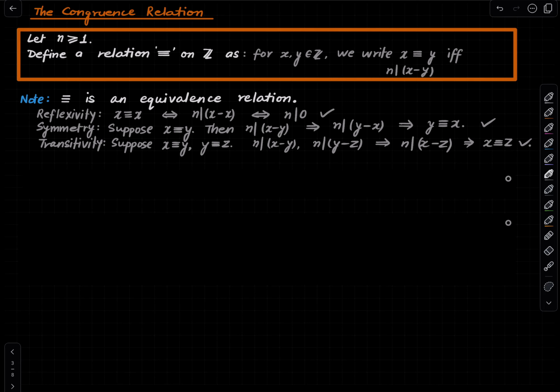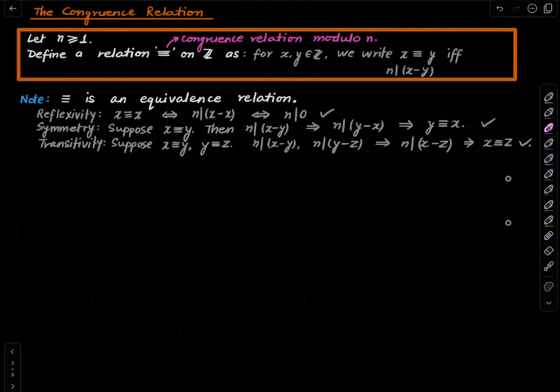Very simple. So we have defined an equivalence relation on the set of all the integers. So for each natural number n, there is an equivalence relation on Z, which we will refer to as the congruence relation. So this will be referred to as the congruence relation modulo n.